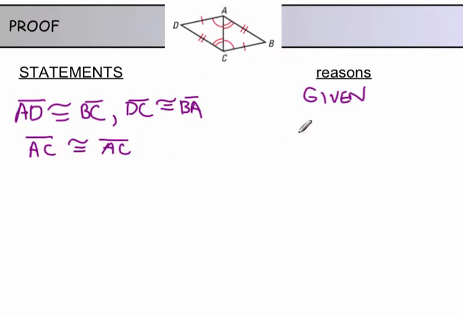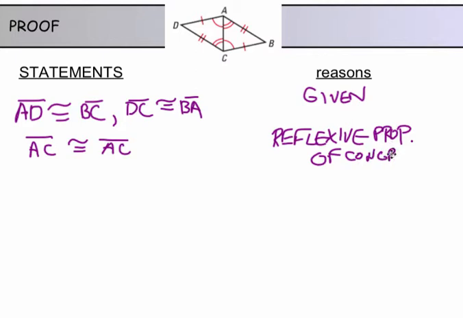And how do I know that? That is the reflexive property. Now, we haven't talked too much about that. We did just talk about a reflexive congruence theorem, but this is the reflexive property of congruence. It's basically just saying that one thing has to be congruent to that same thing.